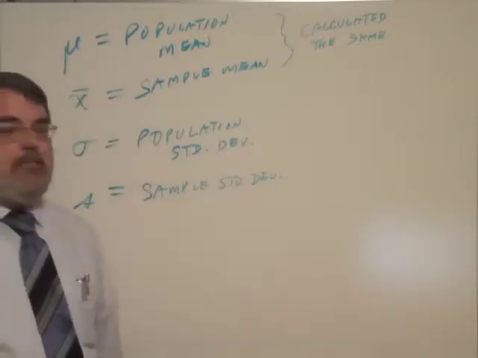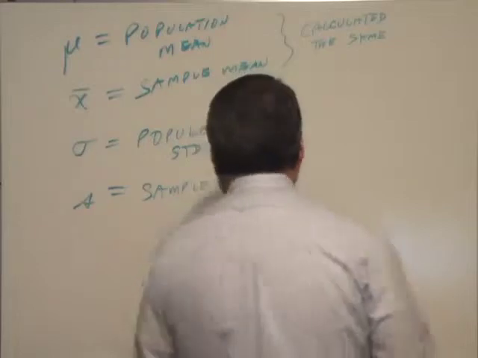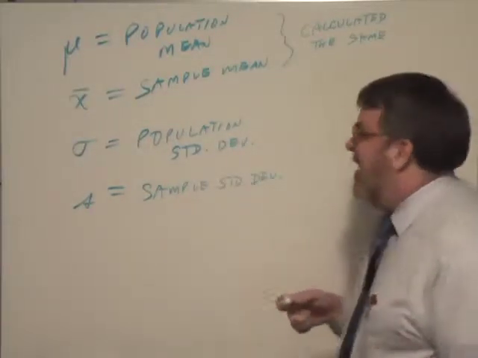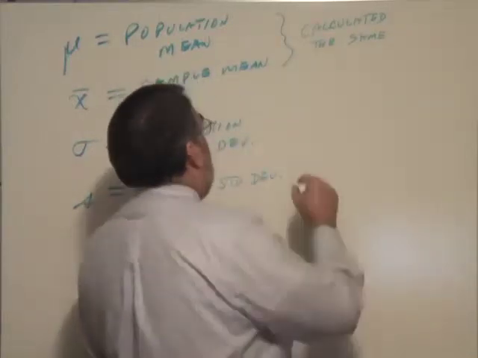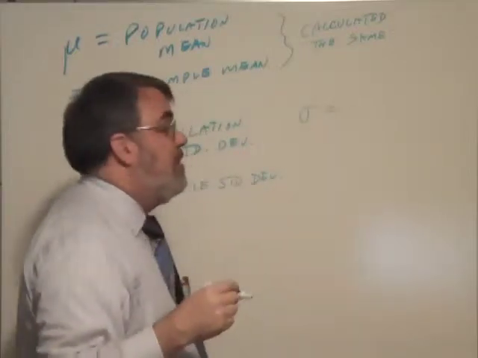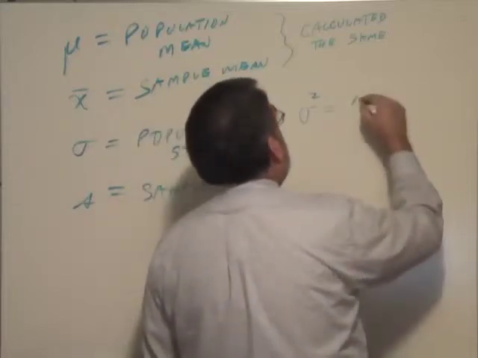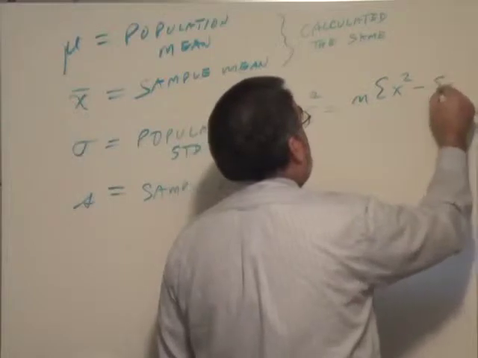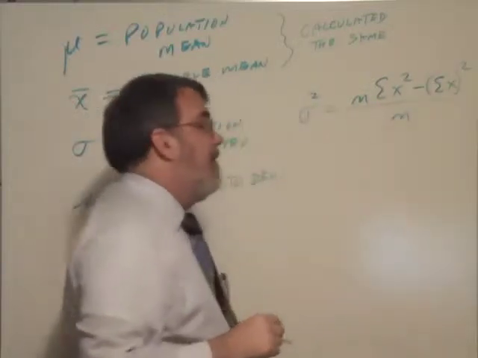And these, for samples, or subsets of populations, are calculated differently, as a matter of fact. And using one calculation, we have sigma squared, the population variance, calculated as n times the sum of x squared minus the quantity sum of x squared, divided by n squared.